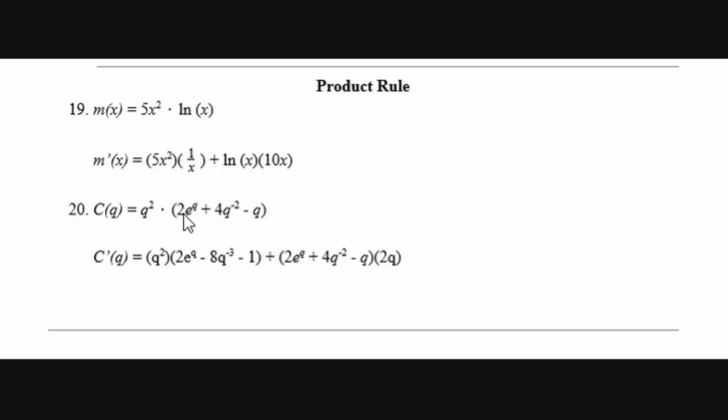From that video, the derivative of e raised to the power of a variable is the same thing. So it's e raised to the power q, multiplied by the coefficient that was given, which is 2. So ultimately you get the same thing for the derivative.